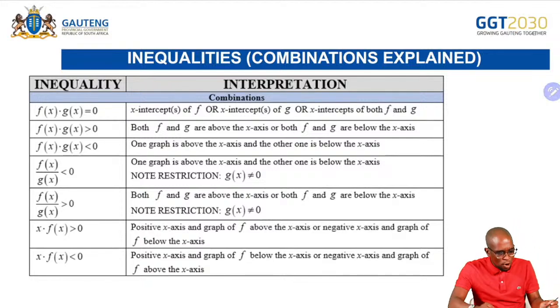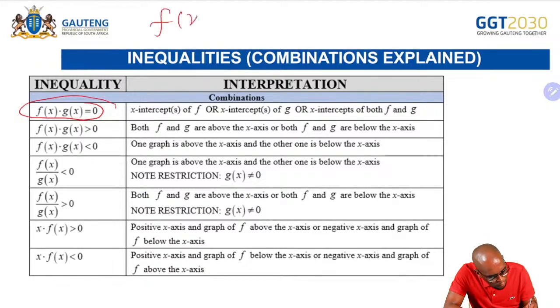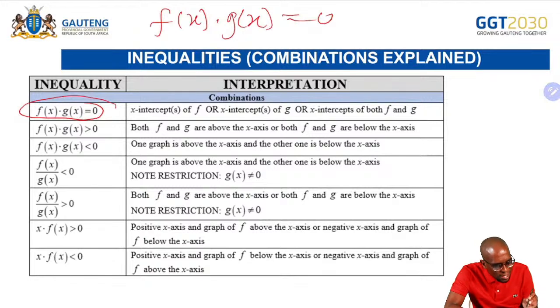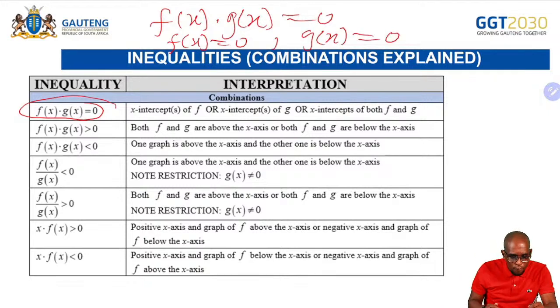So it is important to first note here the reference: f of x times g of x is equal to 0. This is where f of x is equal to 0. Also, it occurs when g of x is equal to 0. For this product, f of x times g of x, to be 0, either f would be equal to 0 or g would be equal to 0 or both.